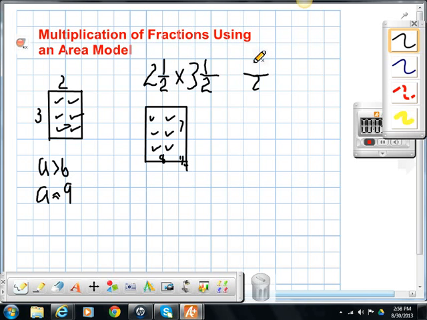So it becomes 5 halves times, and here we're also going to get half. And 2 times 3 is 6 plus 1 is 7. So we're going to get 7, and we're going to get 35 over 4.